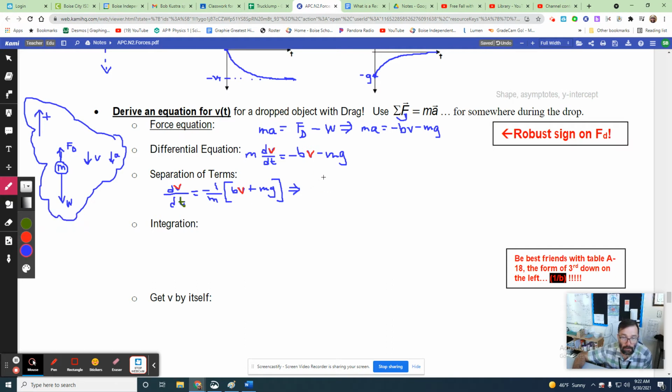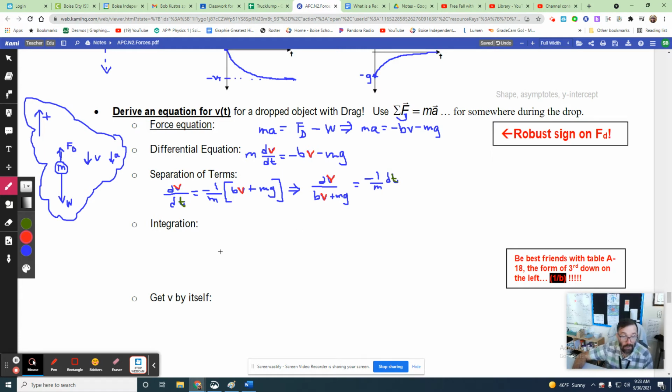So I'm going to get dv divided by this stuff is equal to negative 1/m dt. There's my v's on the left side and my t's on the right side. My terms have been separated.